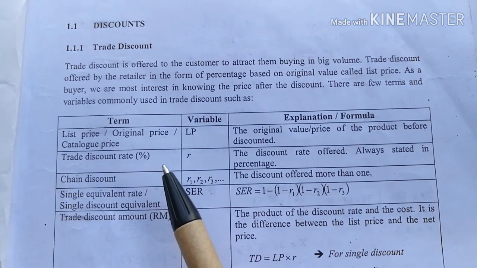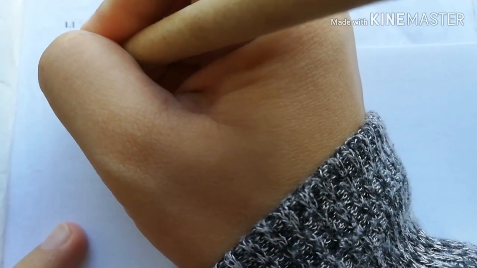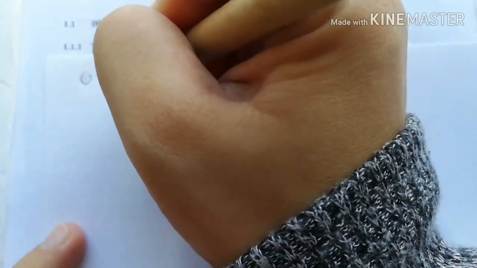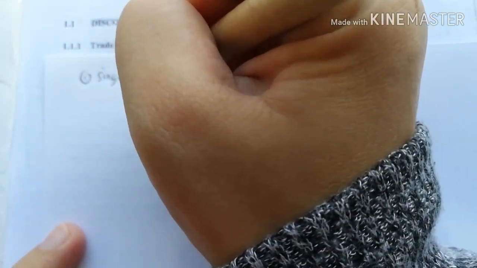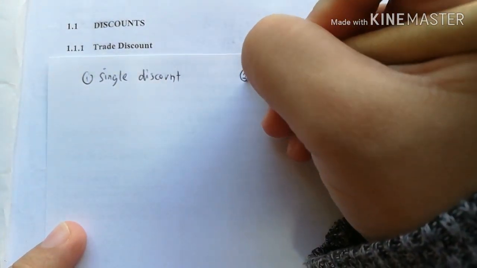Okay, when it comes to the trade discounts, actually before we go to the next term, trade discounts can be divided into two: number 1, we have single discount, and number 2, we have chain discount.